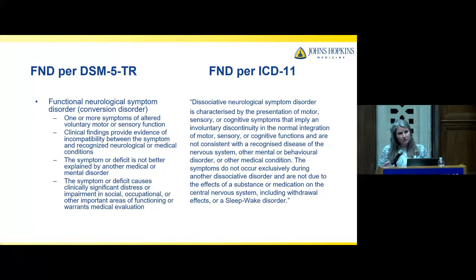But the truth is that what we think is probably going on in the brain is a mismatch in the person's perception of their movements or lack of movements as being voluntary or involuntary, so that the person experiences them as involuntary, but technically speaking, they're coming from a place of voluntary control, okay?